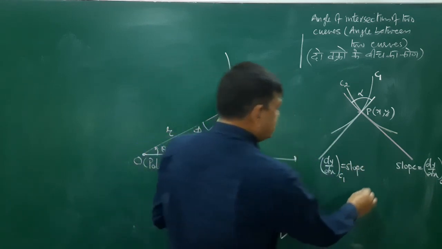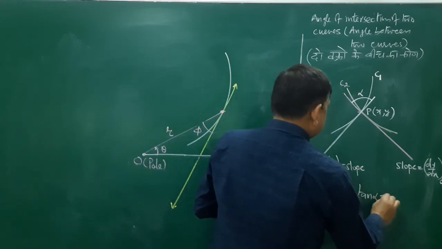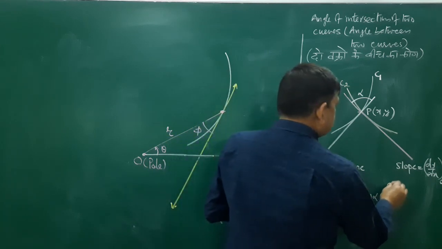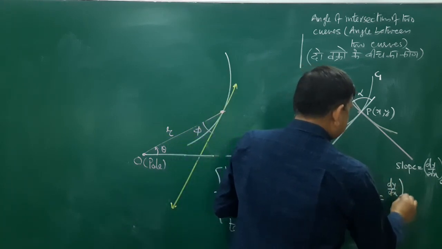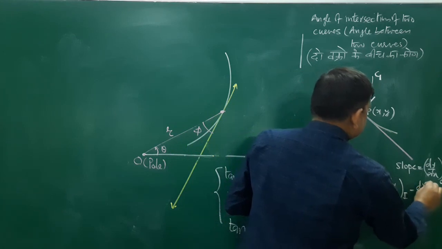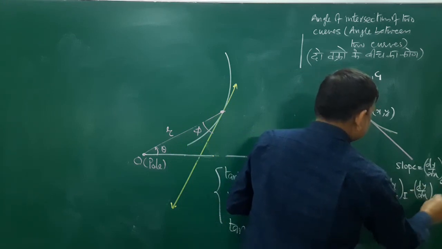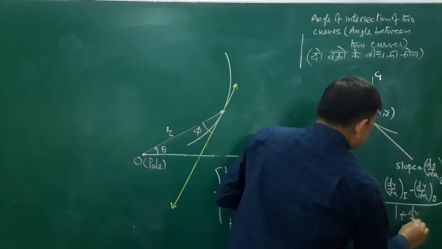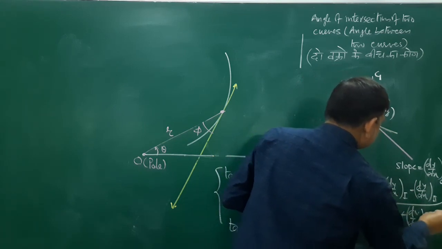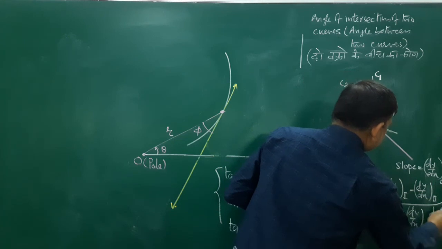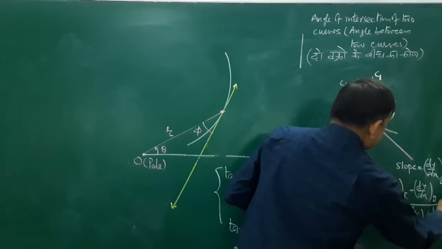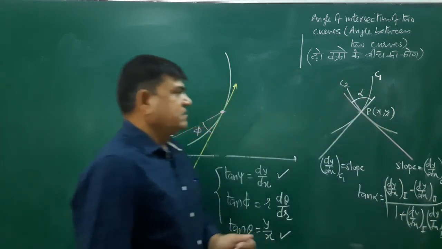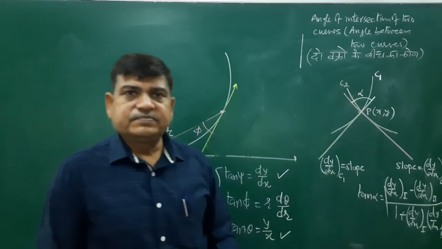So tan alpha is dy by dx of first curve minus dy by dx of second curve upon 1 plus dy by dx of first into dy by dx of second. This we have done.